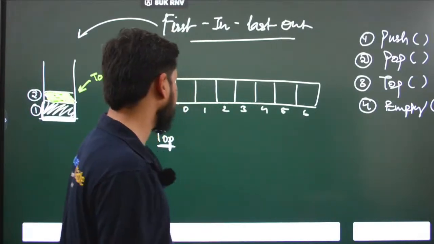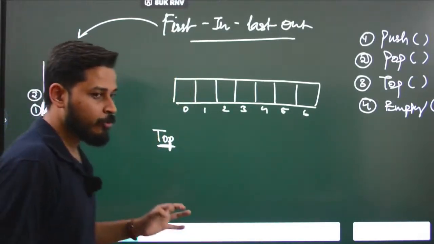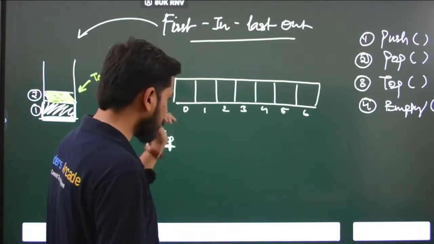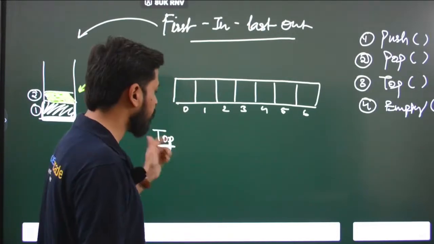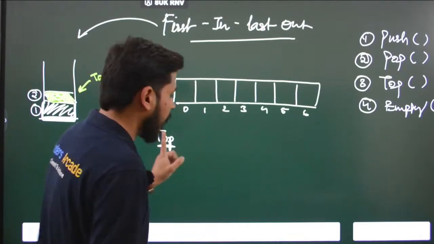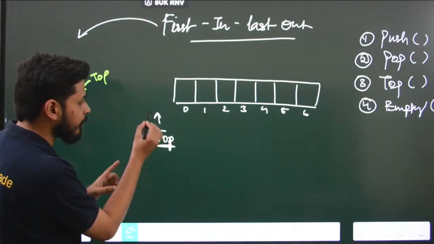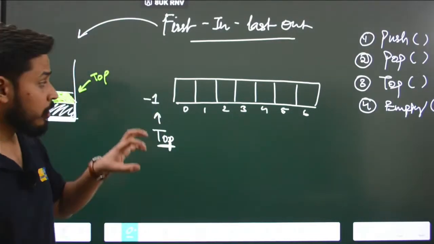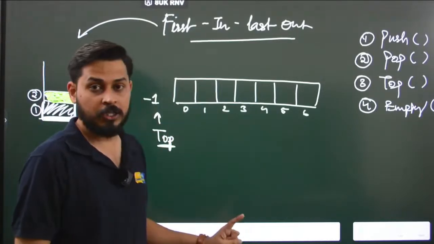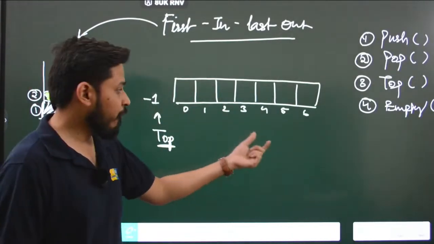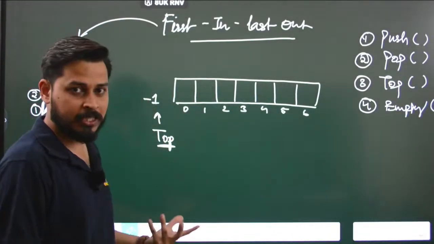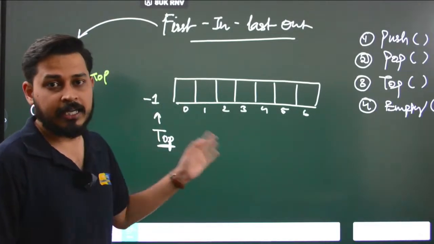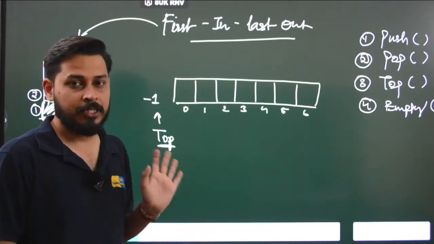I hope this is very much clear. So now let us see. Imagine, to implement the concept of first in and last out, I will have a top variable like this, and I will initialize this top variable to -1. Why -1? Because indexing starts from 0 in an array, and if I make sure that top is at -1, we make sure that the stack is empty or the array is empty.